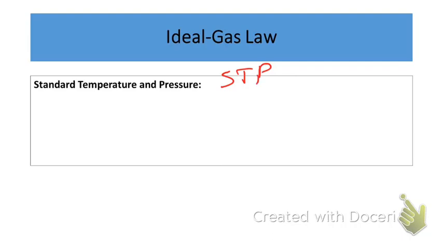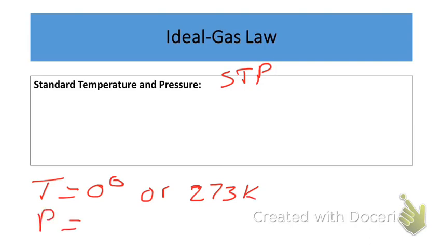The standard temperature is 0 degrees C, or 273 Kelvin. All right, and the standard pressure is going to be our standard atmospheric pressure of 1 atm. All right, so those are the standard temperature and pressure conditions.